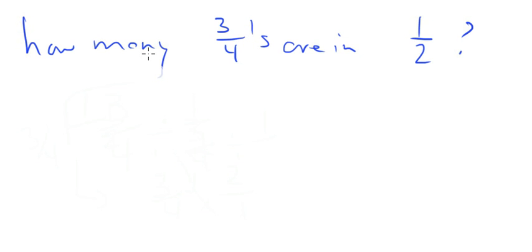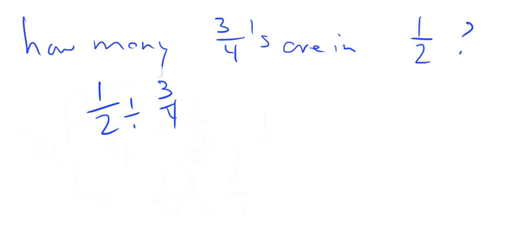Yeah. It's supposed to be how many? So it's exactly. It's supposed to be 1/2 divided by 3/4, because it's asking me how many 3/4 go into 1/2, right? How many 3/4?